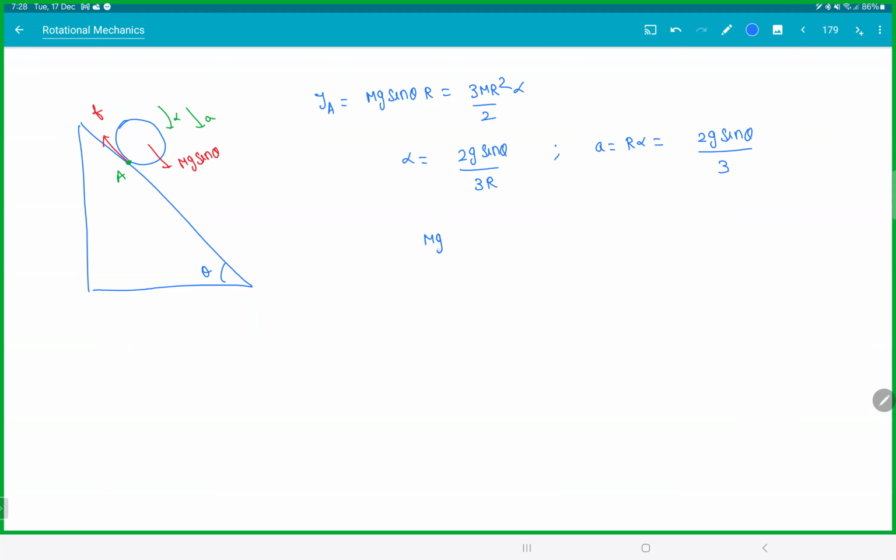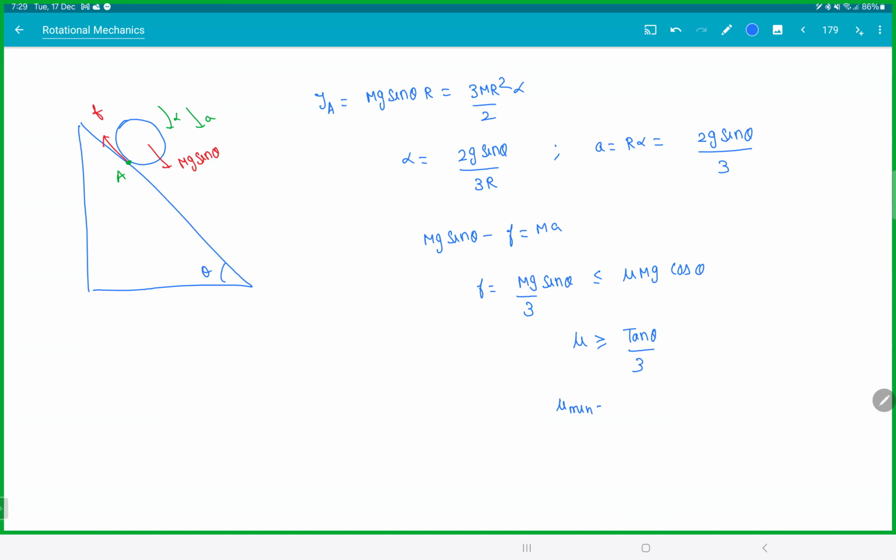Then you want to find friction, so mg sine theta minus friction is equal to ma. Then we get friction is equal to mg by 3 sine theta. But we know friction must be less than or equal to mu mg cos theta. Therefore, mu must be greater than or equal to tan theta by 3. So this is your mu minimum.